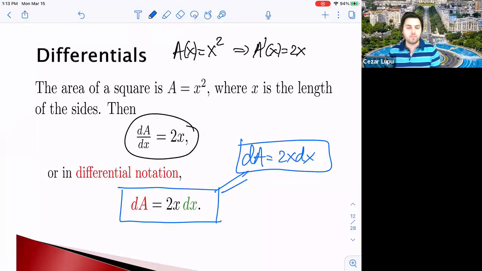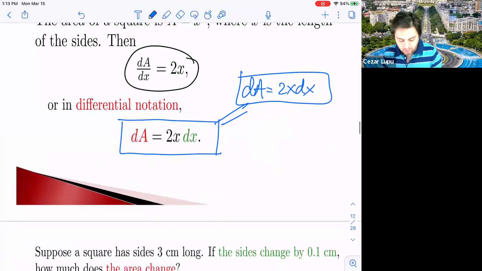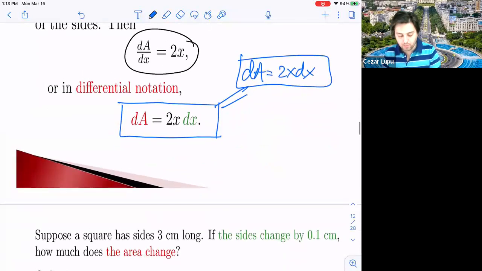And now let me give an example. Let's see another example. I would like you to look at this problem. It's like a word problem, more of a related rates type of problem. So think about it for a bit. The problem says the following.